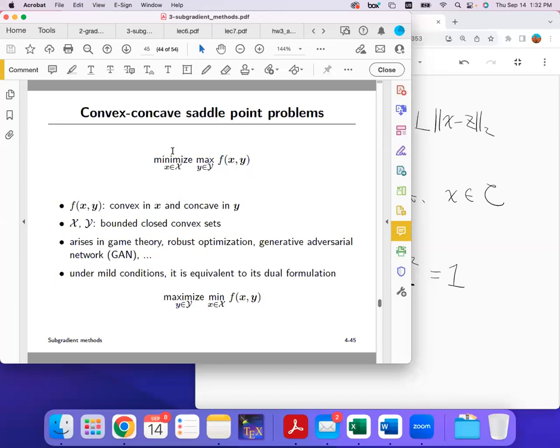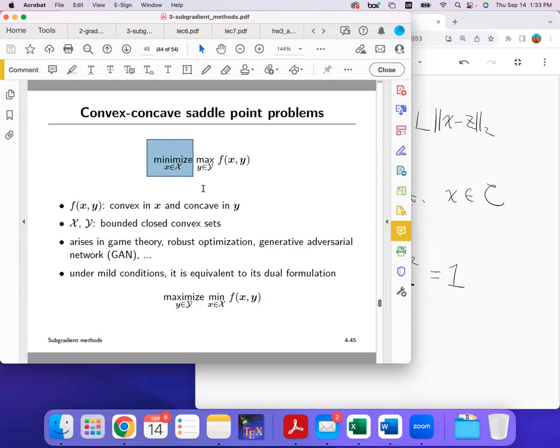And we assume these variables are in bounded closed convex sets. This form has many applications in game theory and robust optimization. The robustness comes from this maximization, right? Usually the minimization part is about the cost.